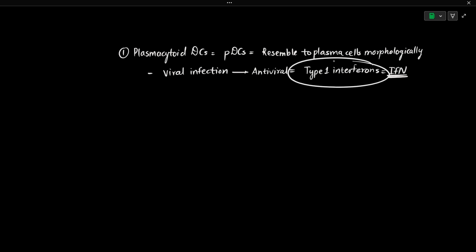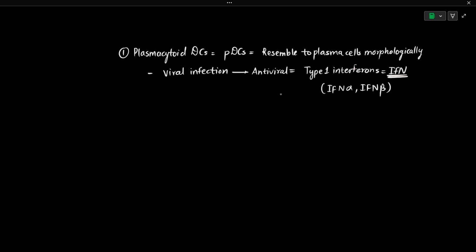So they are effective against viral infections. The plasmacytoid dendritic cells secrete a robust amount of type 1 interferons that will be helpful against the viral infection, such as interferon alpha and beta, which will be secreted by those plasmacytoid dendritic cells.